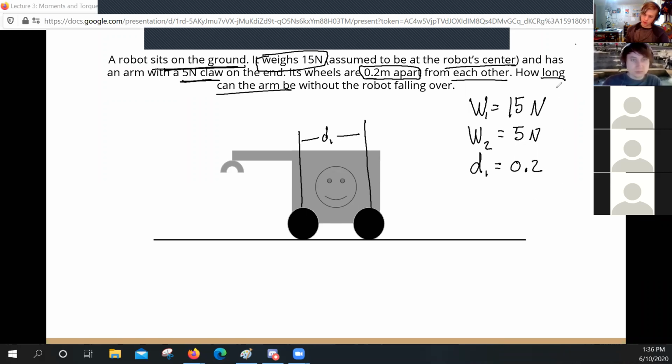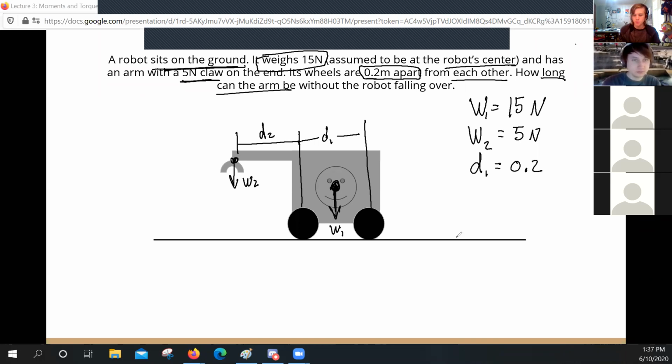And then we know that D2, which we're going to measure from this wheel to keep things simple, D2 is the length of the arm that we want, okay? Oh, and then we'll put a center of mass, and we'll say that this is where weight 1 is, and over here is where weight 2 is. Alrighty. So that's our real quick diagram.